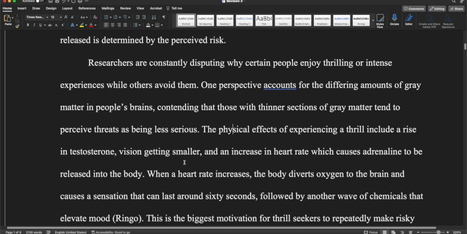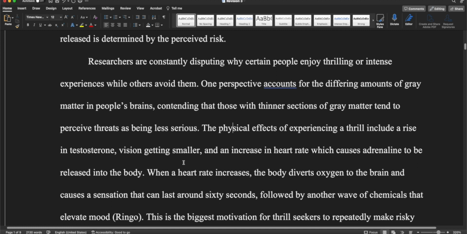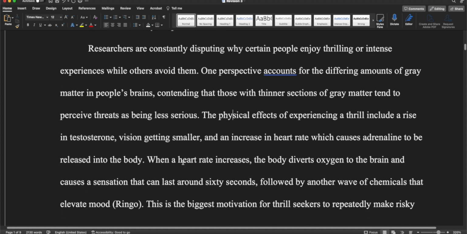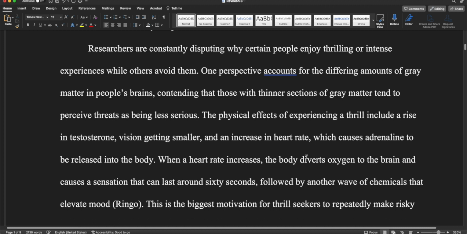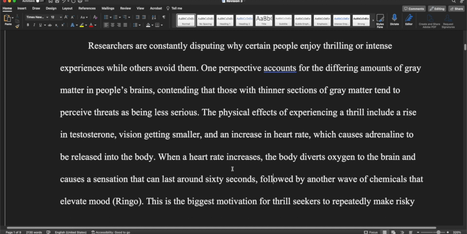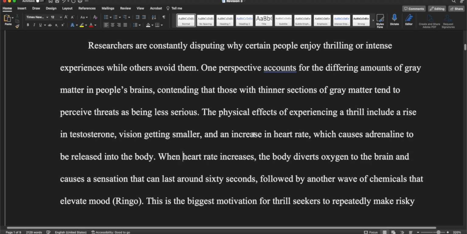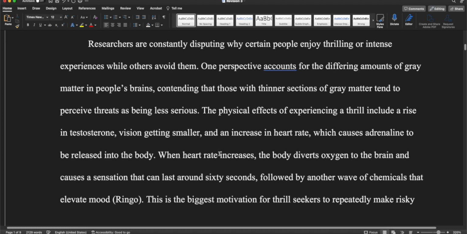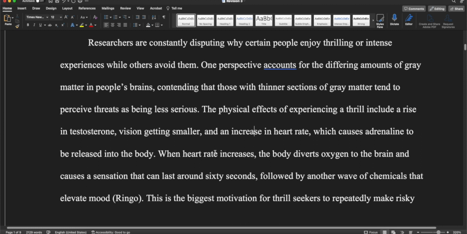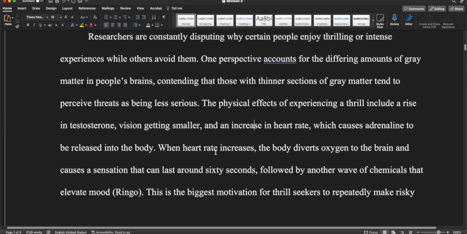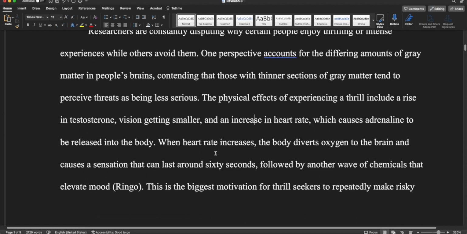The physical effects of experiencing a thrill include a rise in testosterone, vision getting smaller, narrower, and an increase in heart rate, which causes adrenaline to be released into the body. When heart rate increases, the body diverts oxygen to the brain and causes a sensation that can last around 60 seconds, followed by another wave of chemicals that elevate mood.